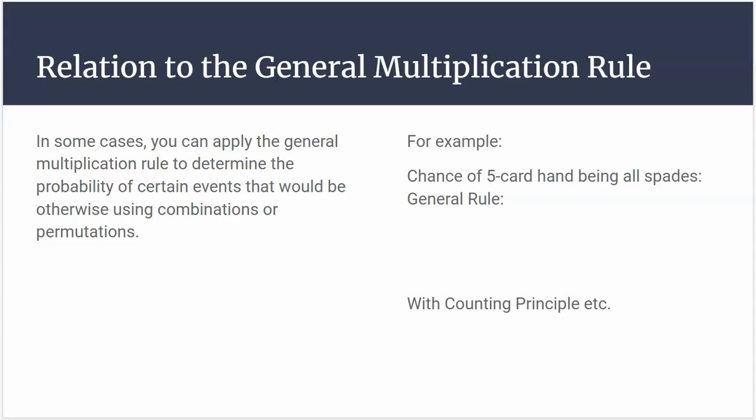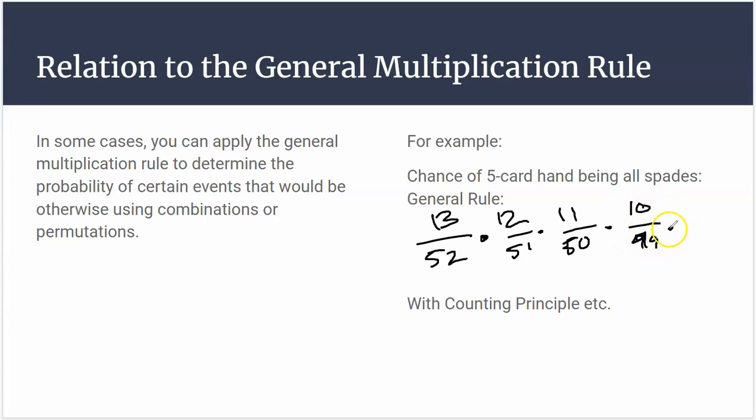So let's take an example we've done before. Okay. The chance of a 5-card hand being all spades. In the general rule of this, you may have remembered this from last time as 13 over 52, which is the chance to draw 1 spade, times 12 over 51, times 11 over 50, times 10 over 49, times 9 over 48.